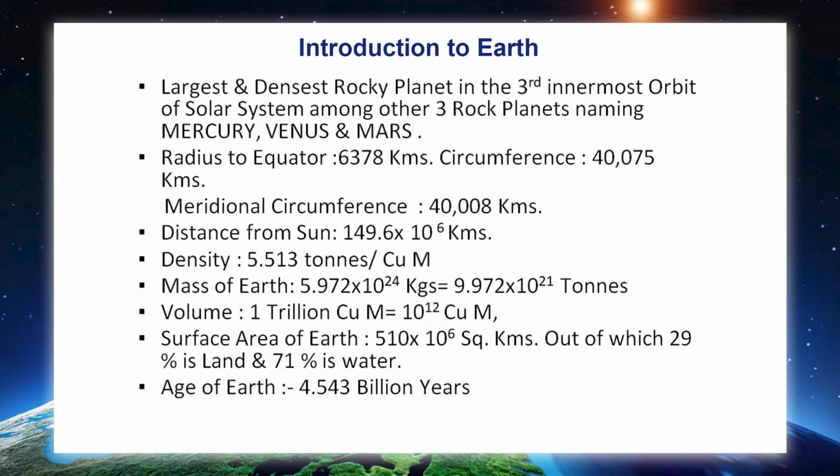Billion means after 1 writing 9 zeros, that is called 1 billion. After that comes giga, which means 10 to the power 12, after 1, 12 zeros. So this is 4.53 billion years.